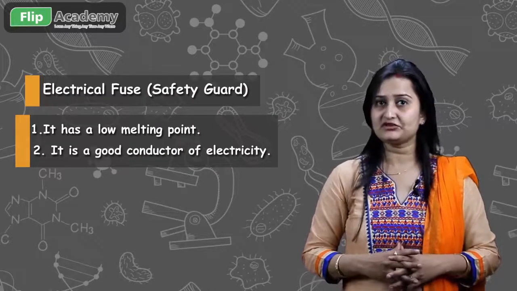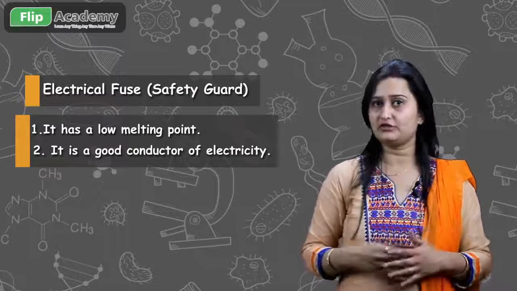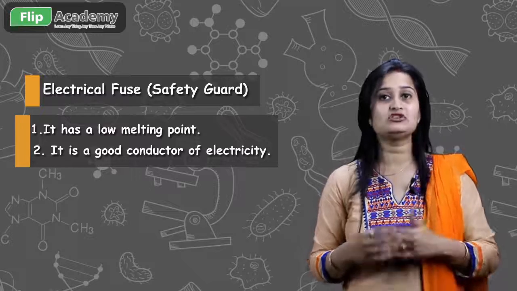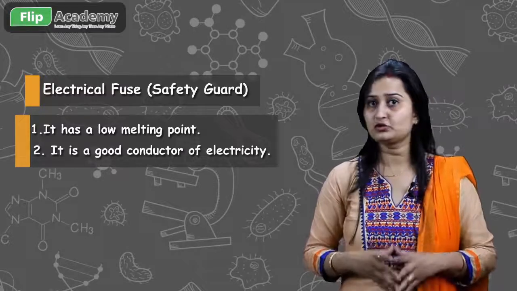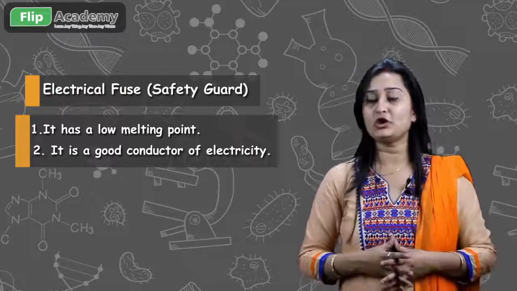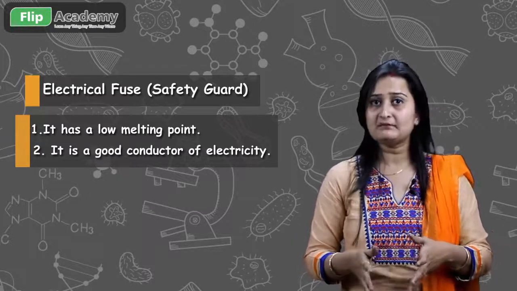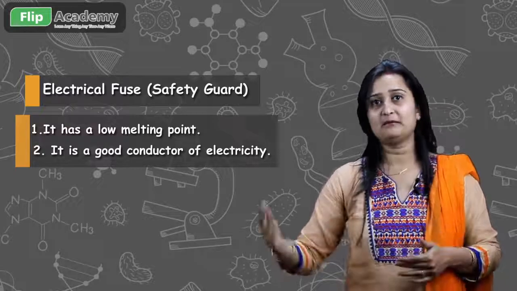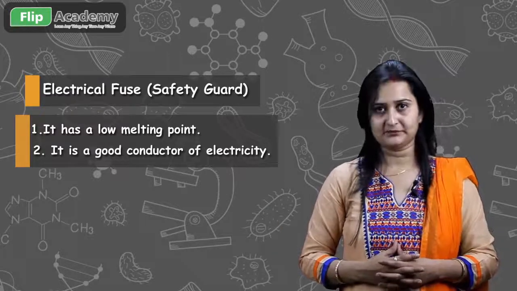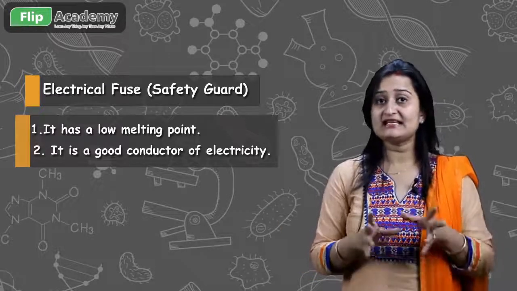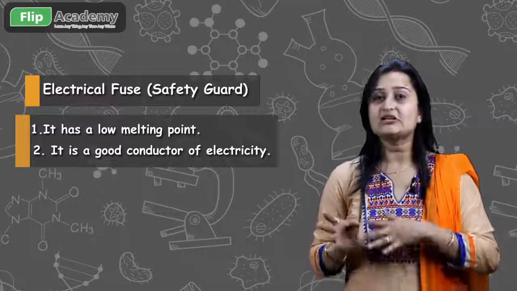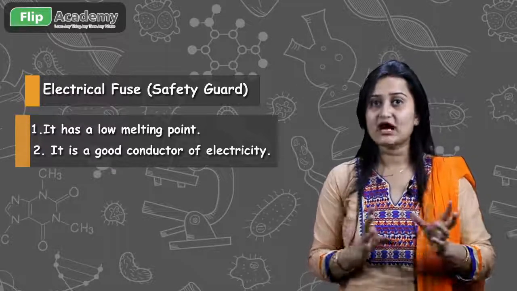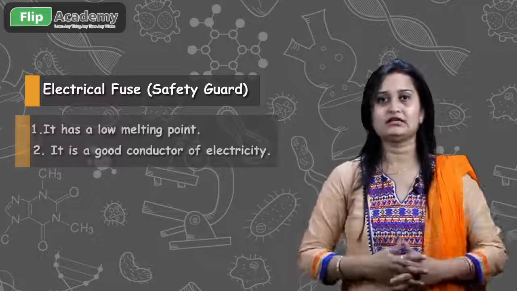Due to the high resistance, a large amount of heat is generated. And if a large amount of heat is generated in the fuse wire, then due to the property of low melting point, it will melt easily, or it will melt before the rest of the copper wire. So, the fuse wire is constructed in such a way that it can easily safeguard your power circuits.